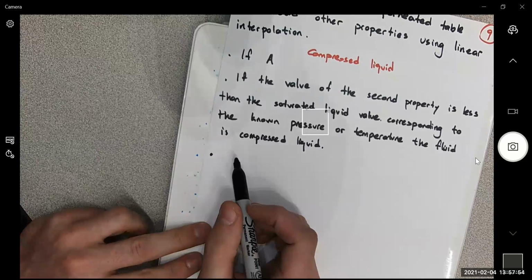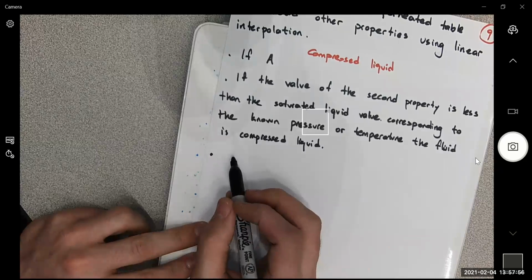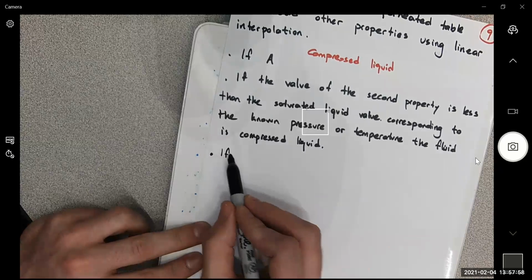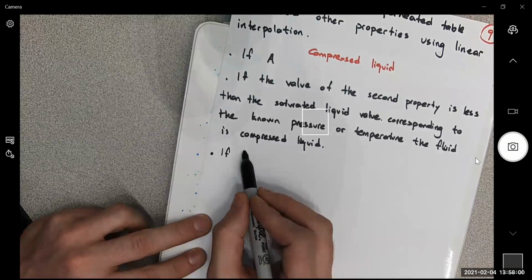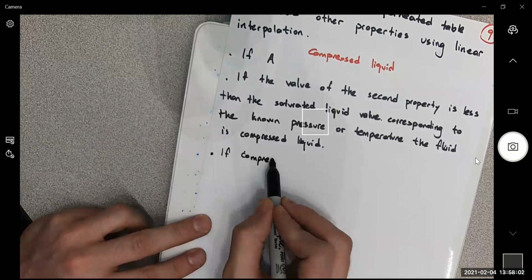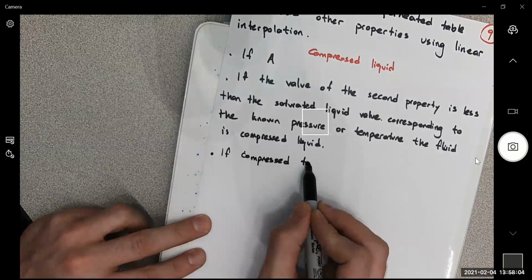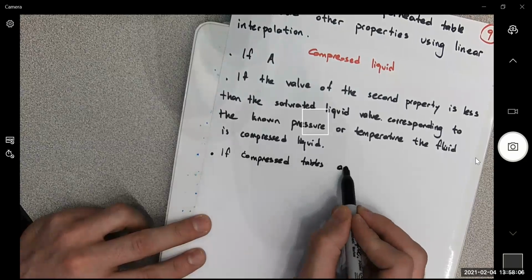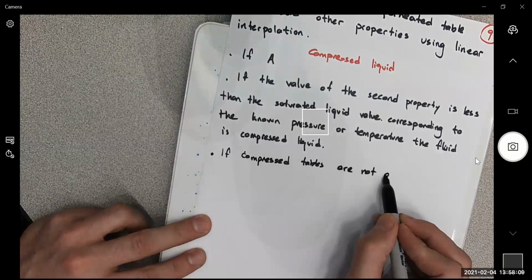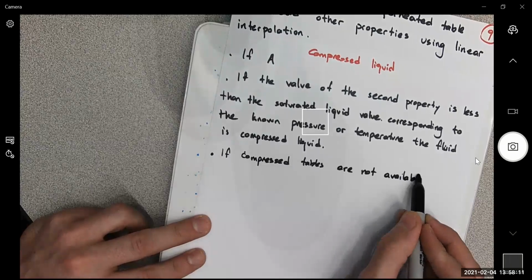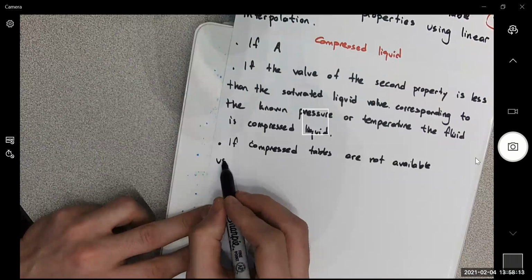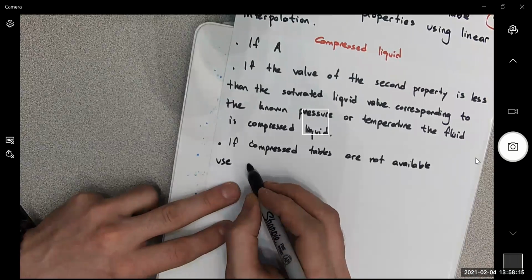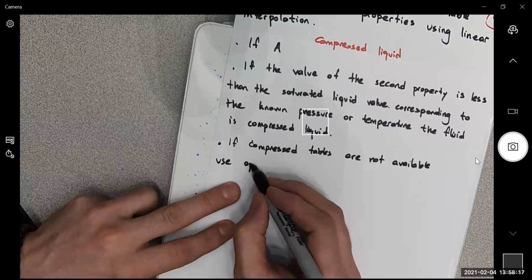So if the compressed tables are not available, use approximation.